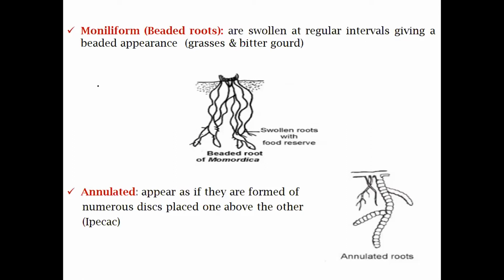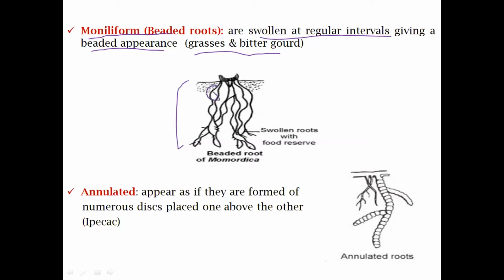Next one is moniliform or beaded roots. These roots are swollen at regular intervals, giving a beaded appearance to the roots. It is found in grasses and bitter gourd. You can see here, these roots are swollen at regular intervals.